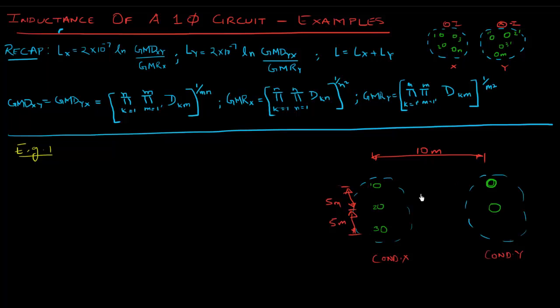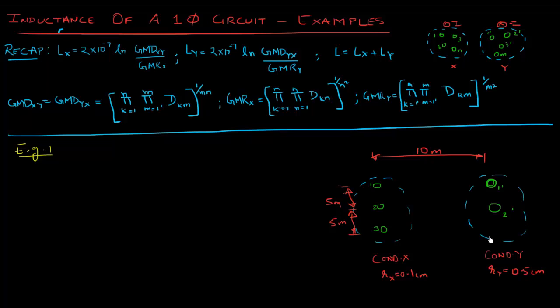So here you have strands 1, 2, and 3. Here you would have strands 1 prime and 2 prime. You have these distances. Let the radius of each of these strands be, let's say, 1 centimeter, and for each of these strands here, let that radius be, let's say, 0.5 centimeters.